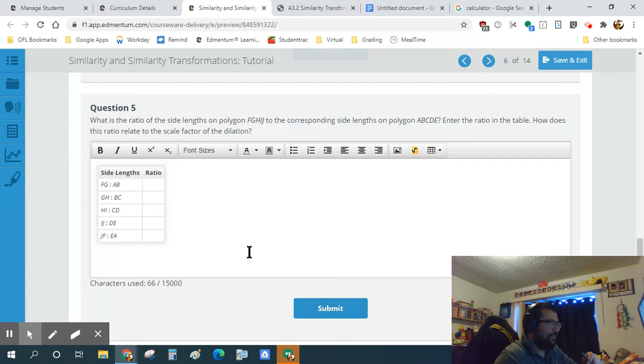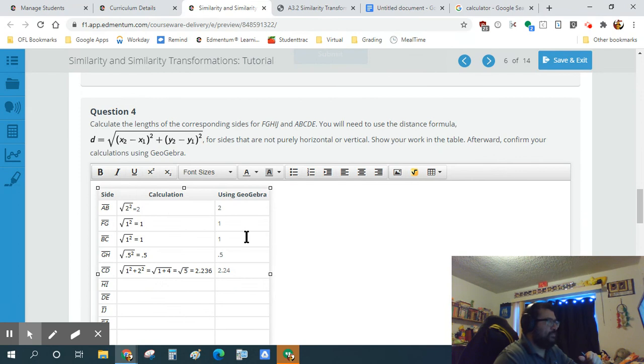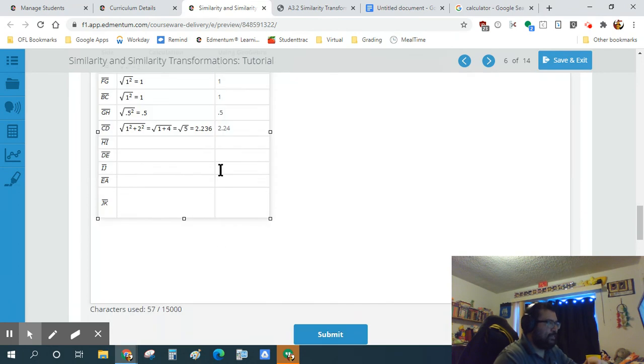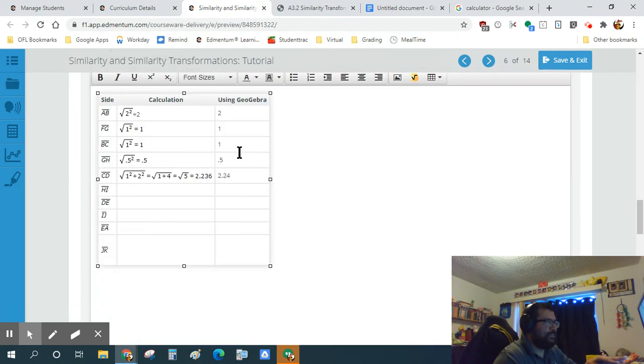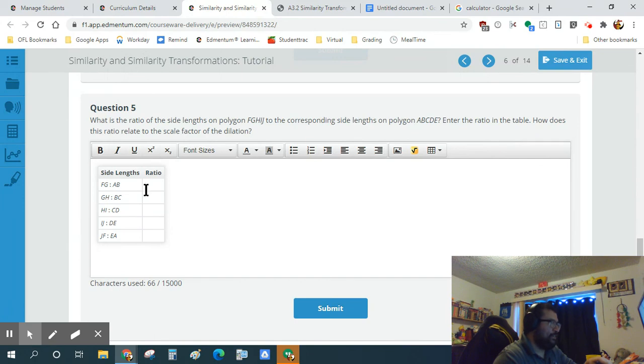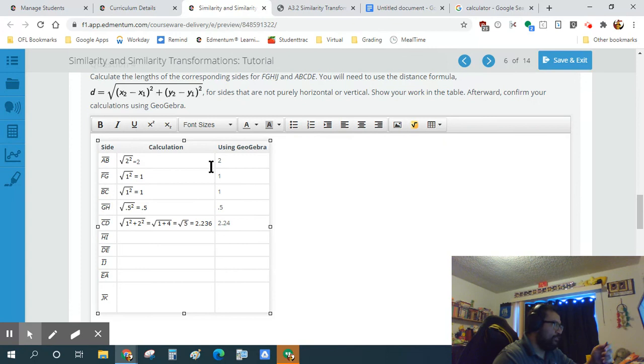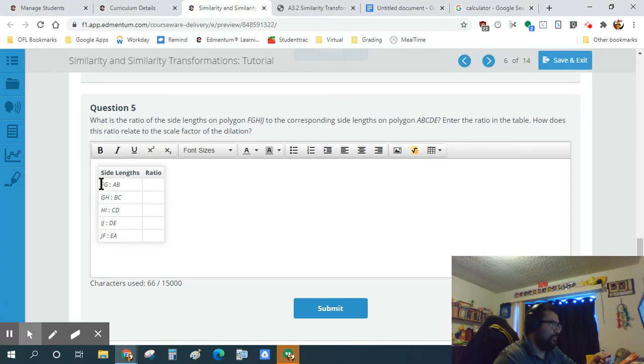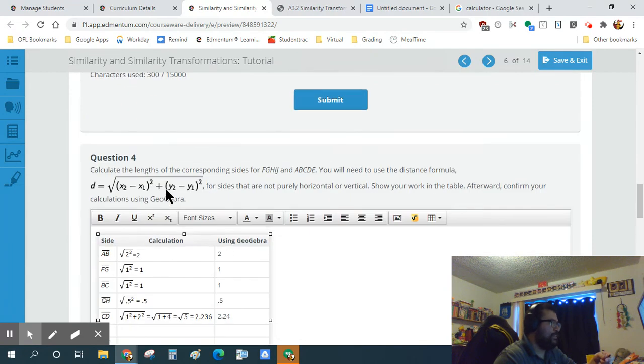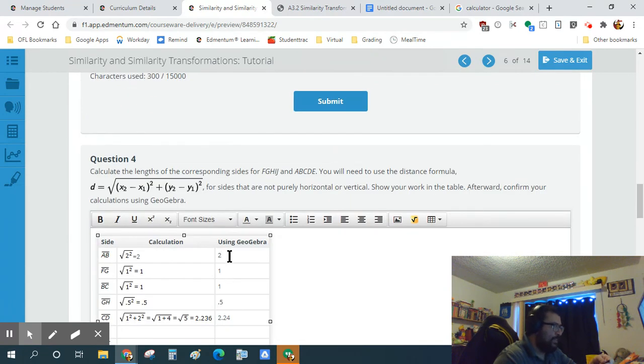The next step, it's going to ask us to find the ratios of these. So basically what's going to happen here is after you fill out all this chart, let's say we're going to do the ratio of FG over AB. So in other words, they want to do new over old. So new is 1, the old was 2. So FG, we said was 1, and AB was 2.